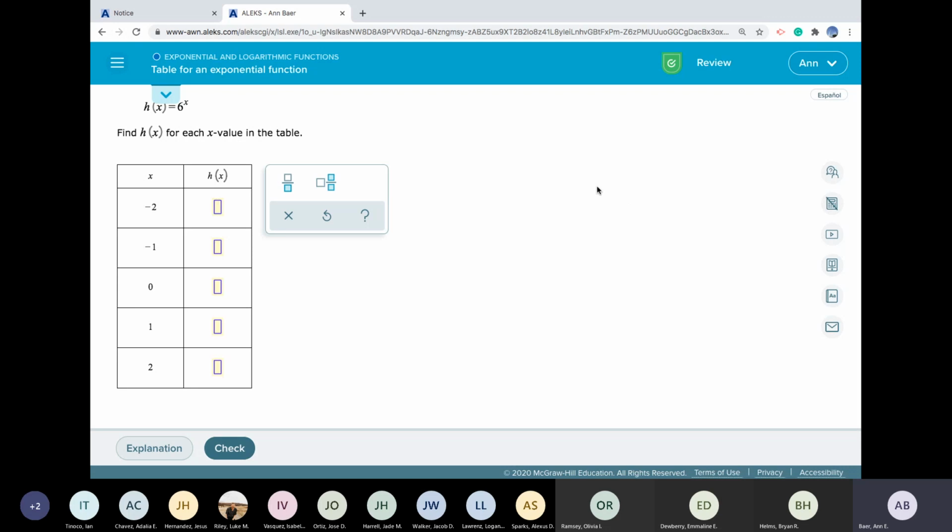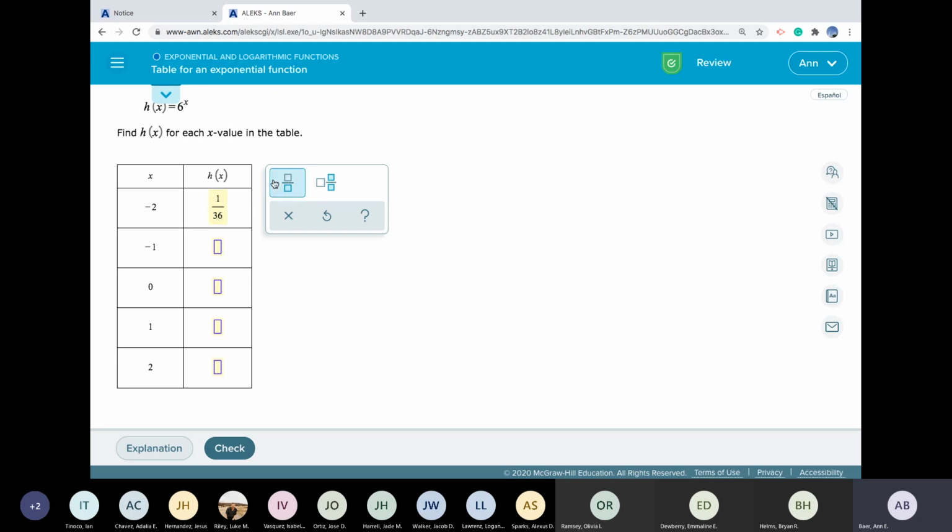So -2 corresponds to 1 divided by 36. Next, when x is -1, we got 1 over 6.